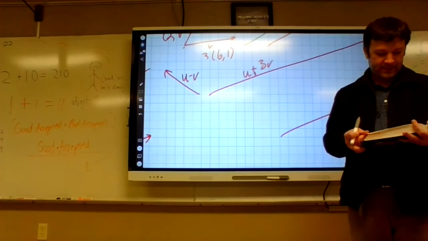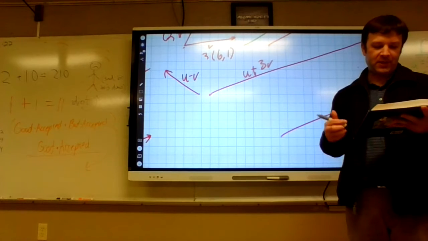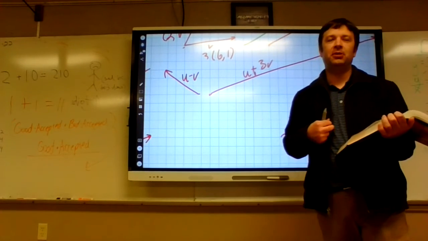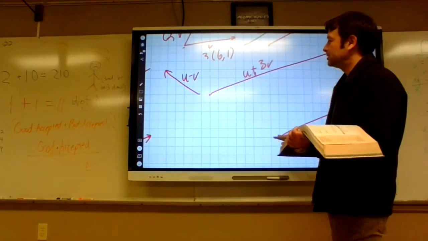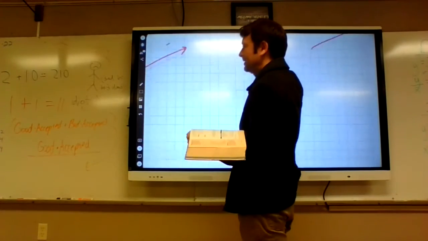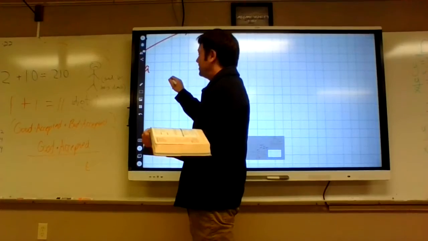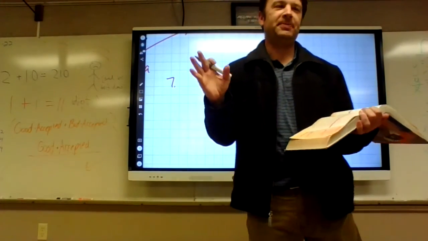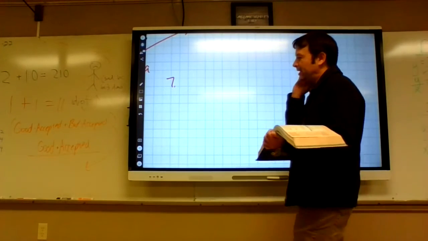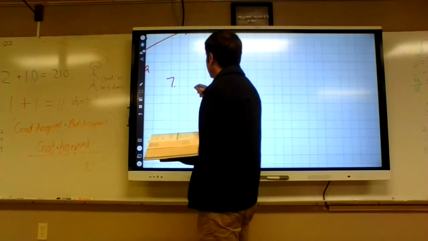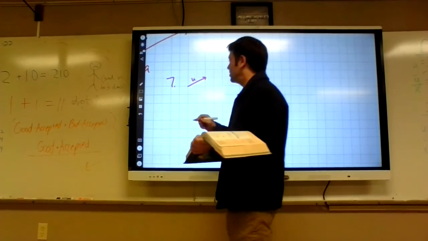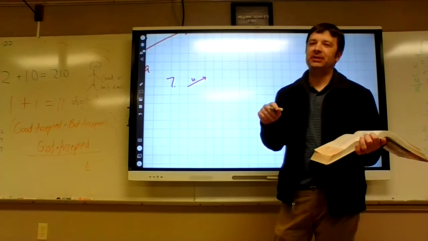Alright, number 7. On 7 we get to make up our own vectors. I suggest you don't make anything that's too large. Maybe 1, 1, or 1, 2. That's my only rule. You don't want to do decimals.